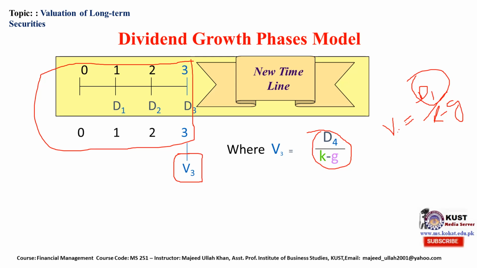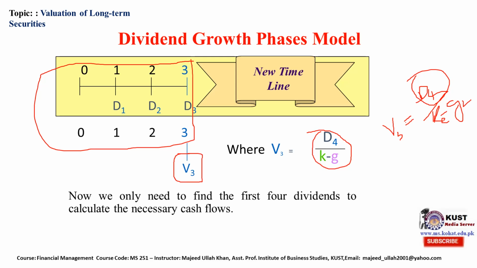So we will call it year 3. So this will become D4, and this is KE and this is G2. Now we only need to find the first 4 dividends to calculate the necessary cash flow.